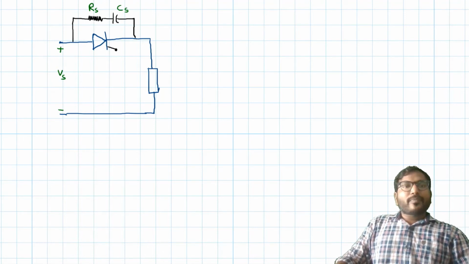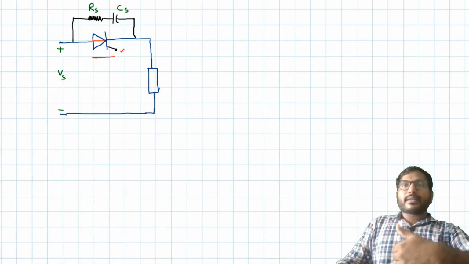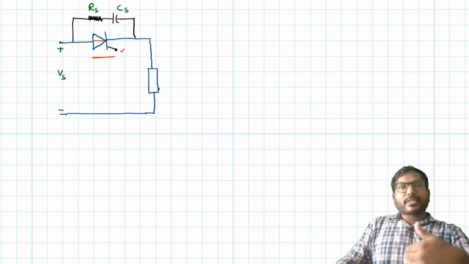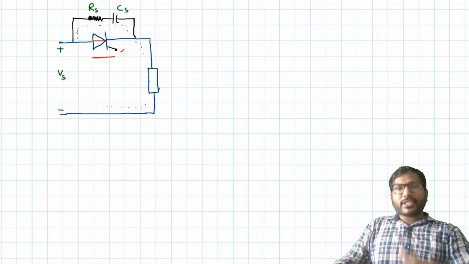When the SCR starts conduction after the gate pulse, it acts as a short circuit. Before the SCR conducts, as we discussed, this is the path, and the capacitor starts charging.